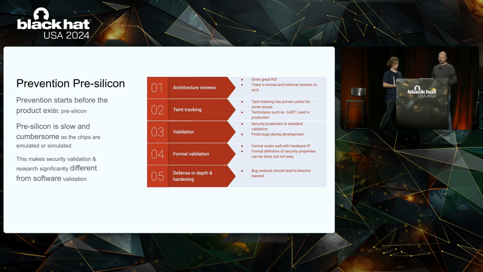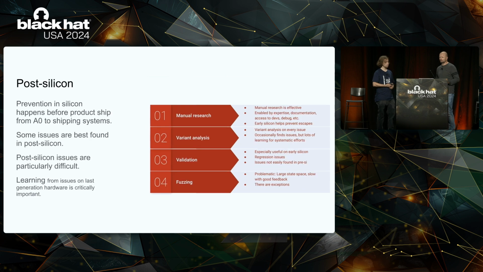There is a short period of time between the first processor being produced, and it typically has defects that you have to sort of repeat on. And from that point in time up till you have a shippable chip, you have the chance of doing post-silicon things.